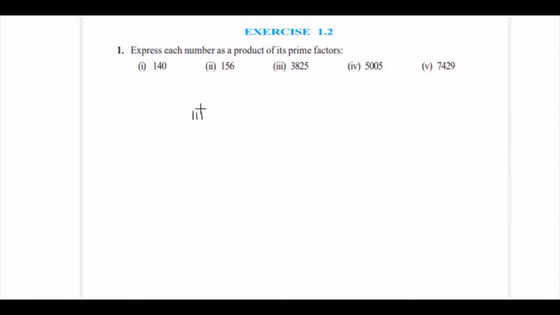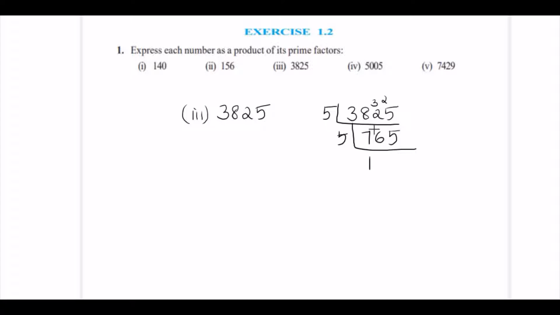The third number is 3825. So take the composite number 3825. Let's check with 5. 5 goes 765 times. 5 goes again, giving 153. Then 3 goes 51 times.